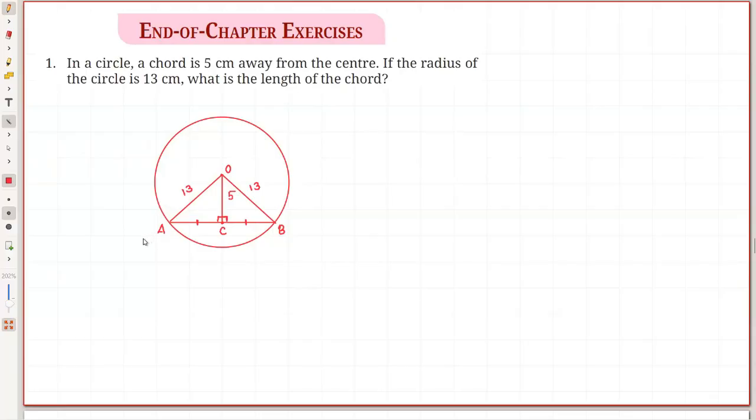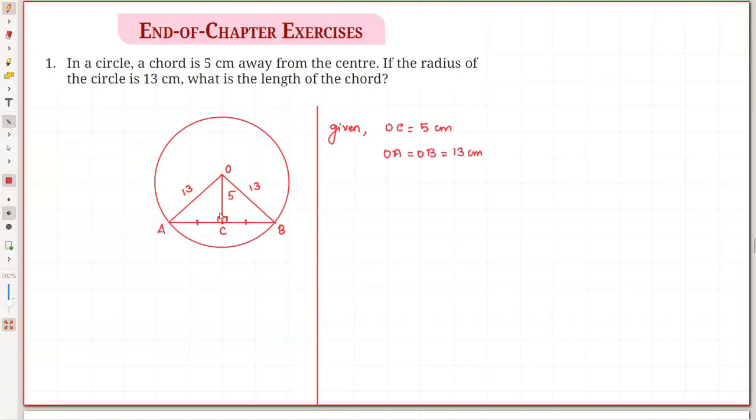Here it is given that in a circle, a chord is 5 centimeter away from the center, which means OC is 5 centimeter. So given OC is equal to 5 centimeter. Next, radius is given, so OA is equal to OB is equal to 13 centimeter.